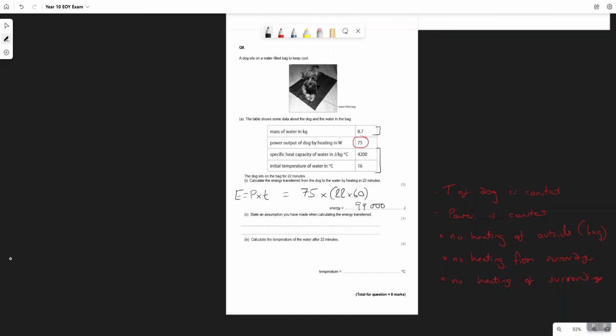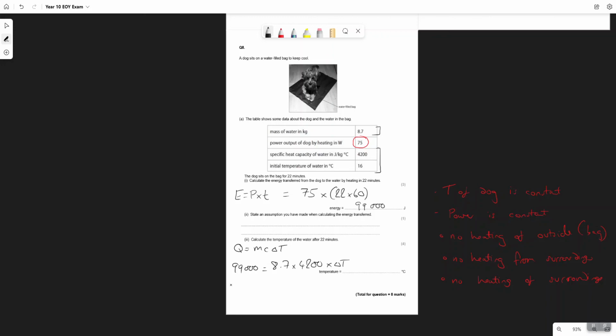So we're going to use the equation Q equals mc delta T. We want to work out the change in temperature, but let's put in our amounts. We take our energy from here. You can get an error carried forward if you carry this number, if you did this wrong. So we've got 99,000 is equal to 8.7 times 4,200 times the change in temperature.